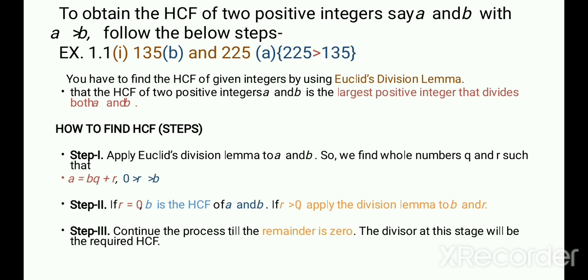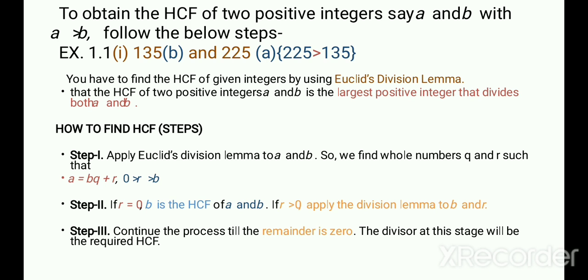We have steps. Step 1 is that we apply Euclid's division lemma to A and B, so we can find whole numbers Q and R such that, in a simple way, we divide the larger number by the smaller number. We will get some quotient and some remainder.